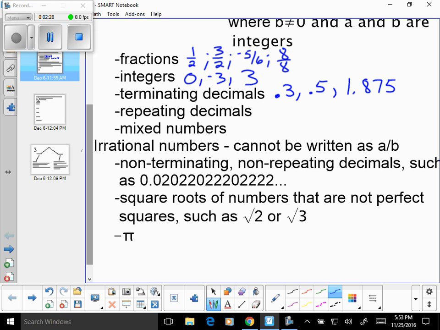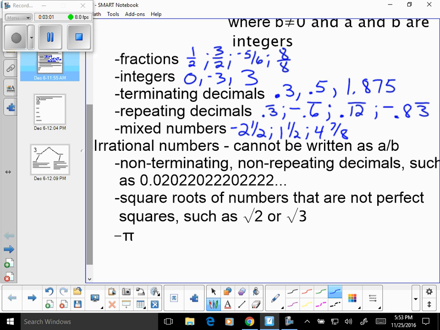Also, your repeating decimals. 0.3 repeating, -0.6 repeating, .12 with a repeat bar, and then something like -0.8, and then just the 3 repeating. Mixed numbers, -2.5, 1 and 1/2, 4 and 7/8.